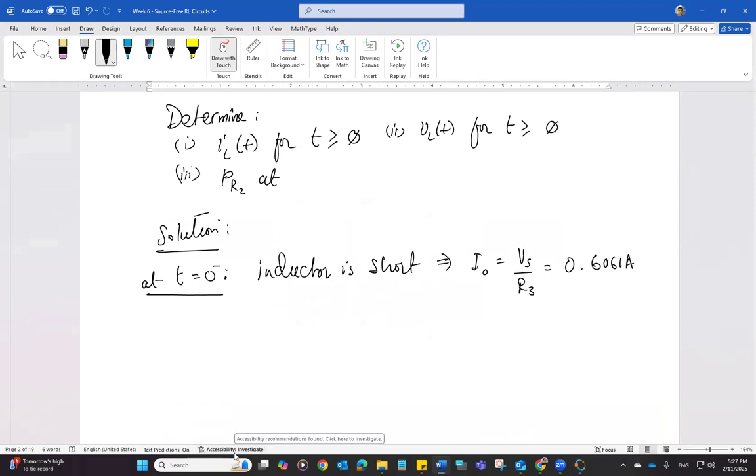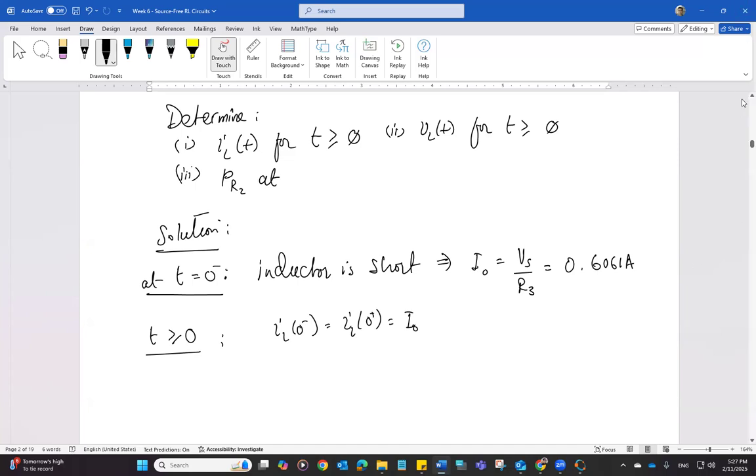And this current is not going to change at t equals 0 positive, that is, after the switch is opened. So for t greater or equal to 0, IL0 negative will be equal to IL0 positive, which is equal to I naught.